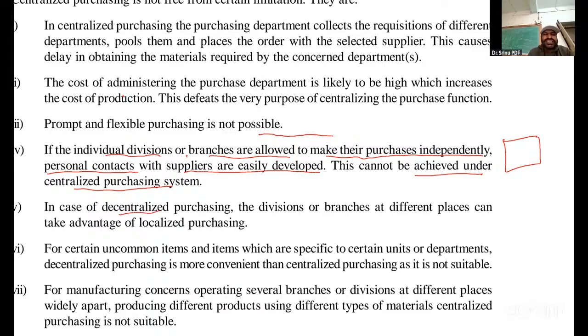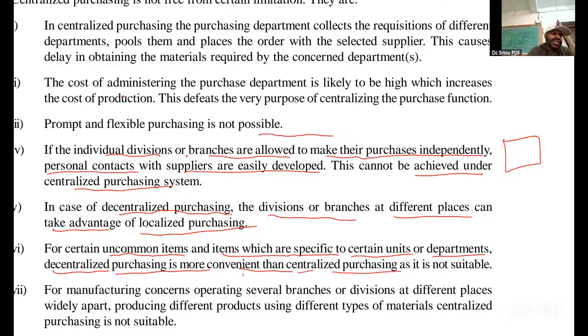In the case of decentralized purchasing, divisions or branches at different places can take advantage of localized purchasing. Certain items which are specific to certain units or departments are better handled by decentralized purchasing than by centralized purchases. Simple, only one point you have to remember.